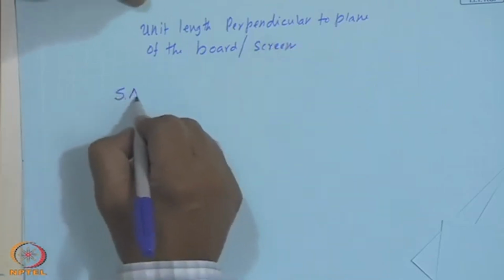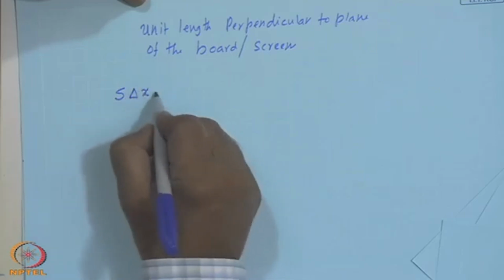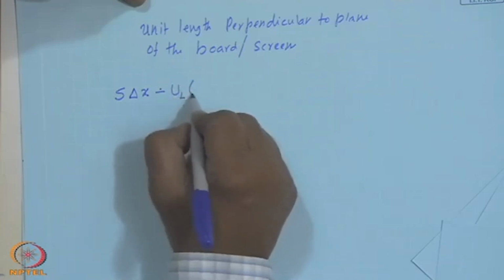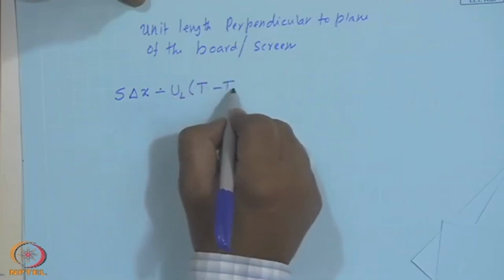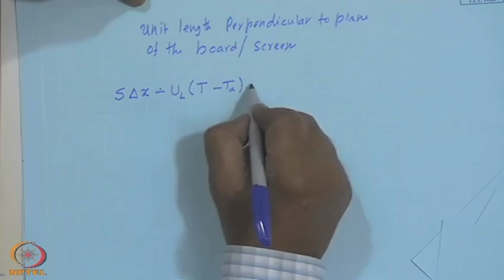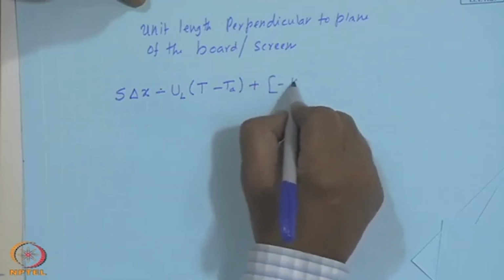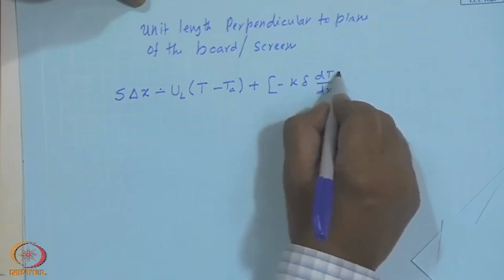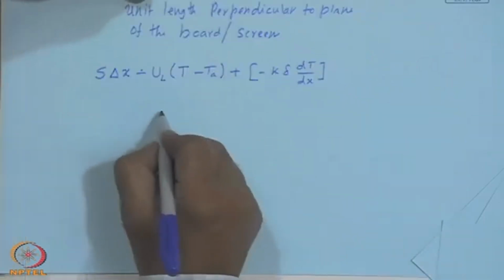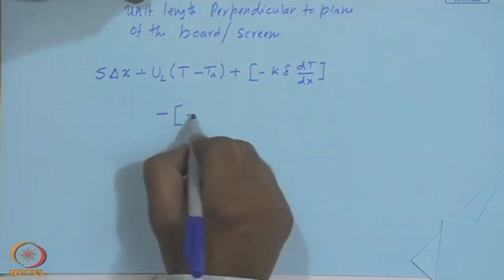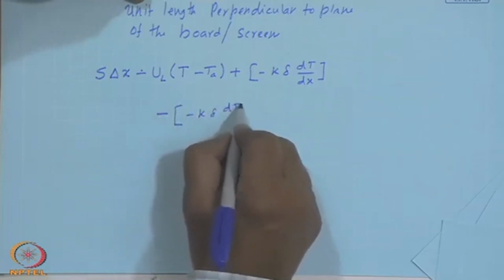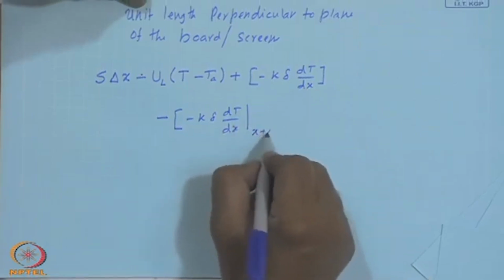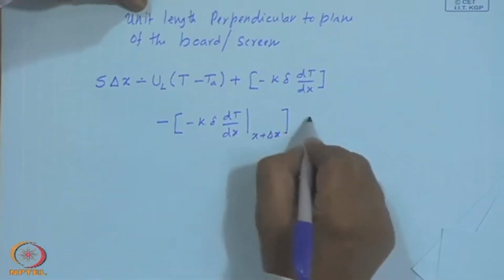So, S into delta x enters, plus minus U L into T minus T A leaves, plus minus k delta dT by dx enters, and then leaves minus k delta dT by dx at x plus delta x. This should be equal to 0.